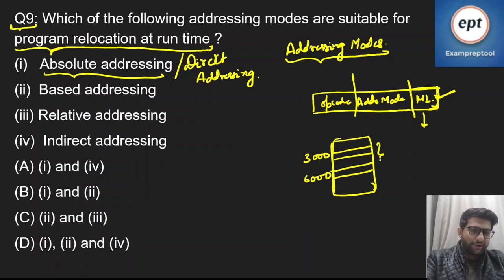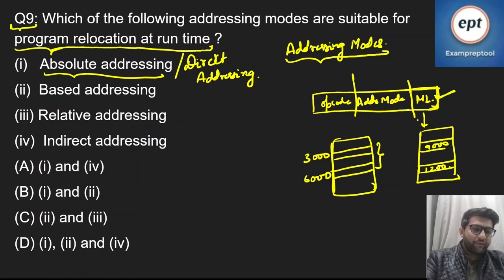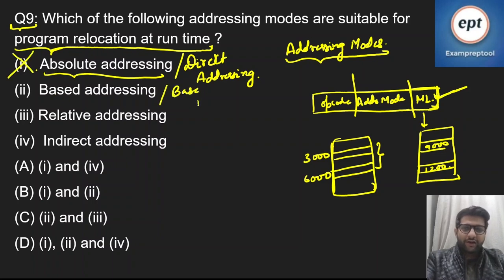If we want to relocate this program from 3,000 to 6,000 to, let's say, 9,000 to 12,000, we will have to change the memory location of the operand for every different instruction. This will take a lot of time, so this addressing mode does not support program relocation at runtime. So this is false.